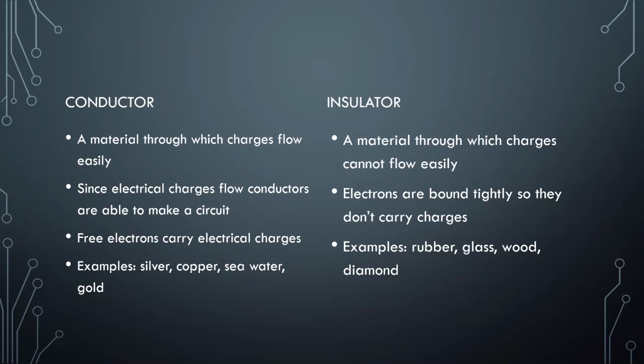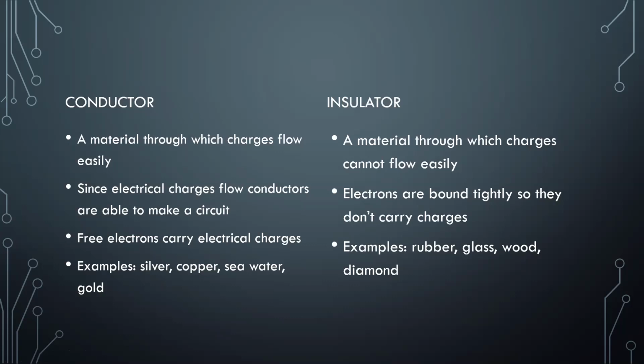Conductors are good at moving electricity from one place to another. Examples, and obviously there's a lot of examples, are things like silver, copper, when lots of copper wiring is used, seawater, and gold. All of those are good conductors of electricity.